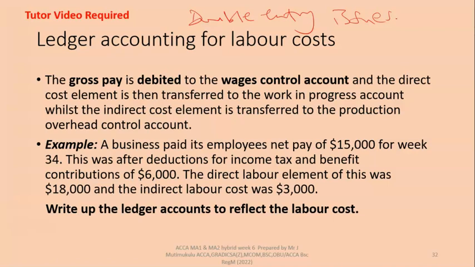The gross pay is debited to the wages control account, and the direct cost element is then transferred to the work in progress account, whilst the indirect cost element is transferred to the production overhead control account.